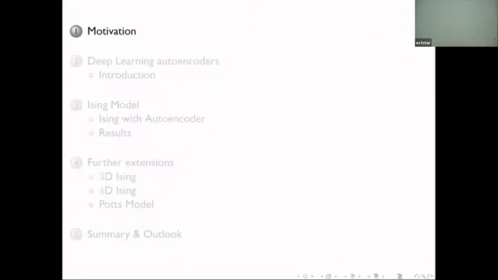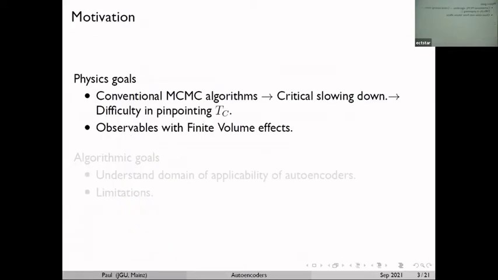Okay, so why do we need to study this in the first place? Being a physicist, the first thing that comes to our mind is what are the physics goals that we can accomplish. The first thing is that we already know in Markov chain Monte Carlo algorithms that as we go towards the critical temperature or critical parameters, the MCMC simulations go through critical slowing down, and that basically makes it difficult for users to do any kind of simulation close to the critical temperature.